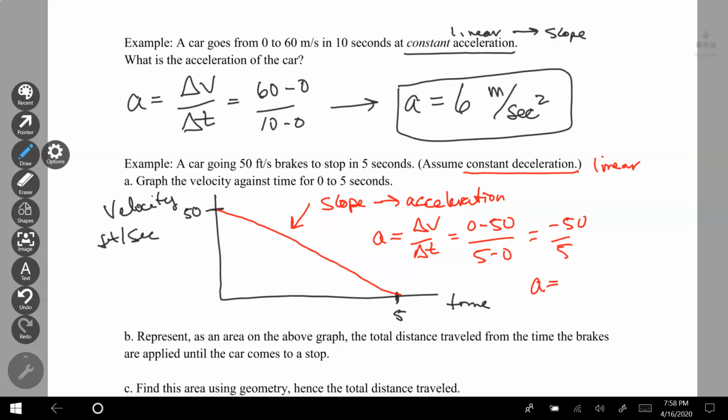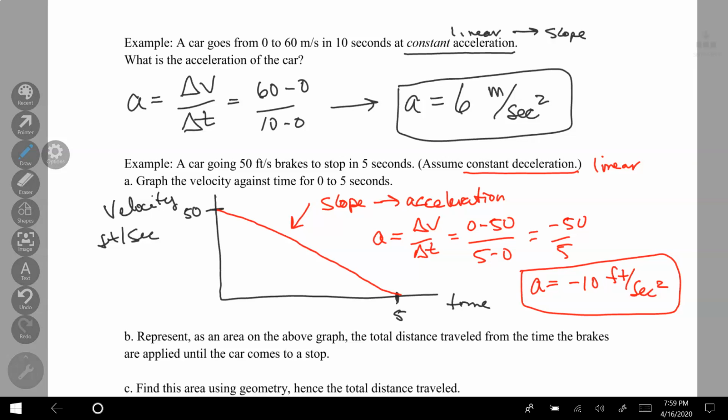So this acceleration is negative 10 meters, excuse me, I don't know why I did meters, feet per second squared. So that's what that slope means, because it's a constant. Then it says represent as an area on the above graph the total distance traveled as time breaks.